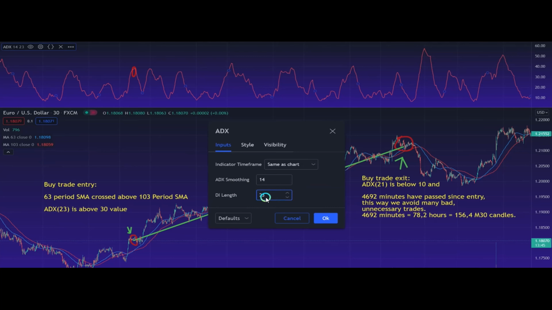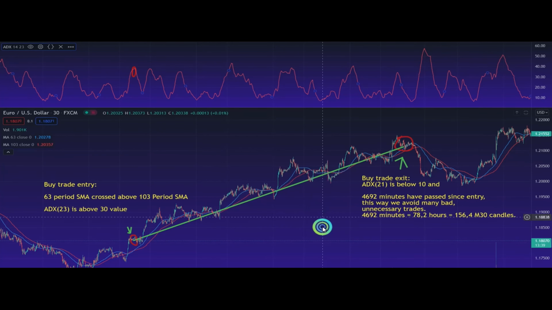It is on default 14, but you should adjust it to, as you see, 23. And if the 23 ADX is above 30, as you see, it is just above 30. So it is just a perfect entry for us here because the cross happened and it is above 30.